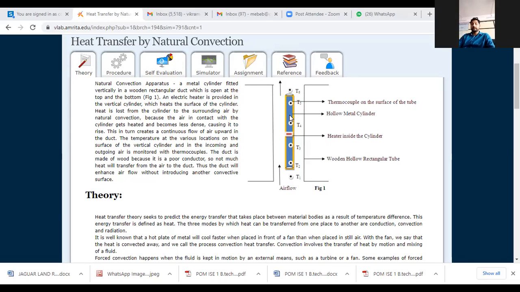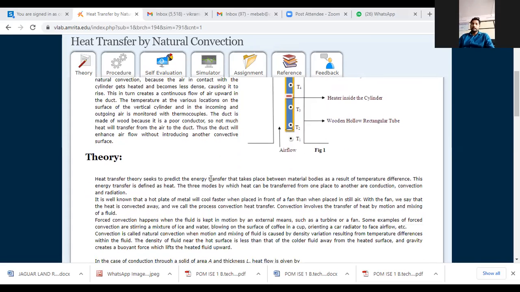But for convection heat transfer to happen, the fluid should have some kind of motion, or the fluid particles should move or flow from one location to another location. Then that heat transfer will be called convection heat transfer.